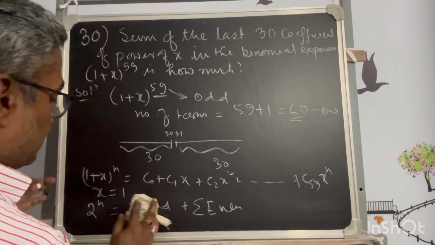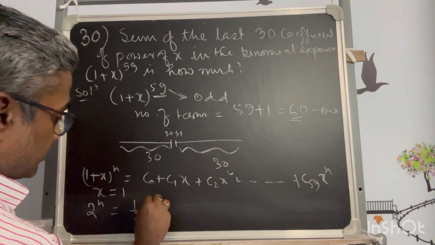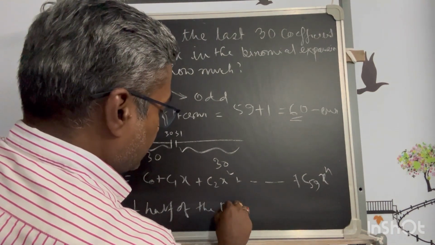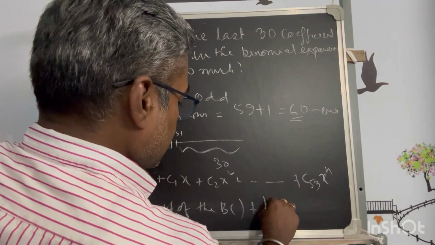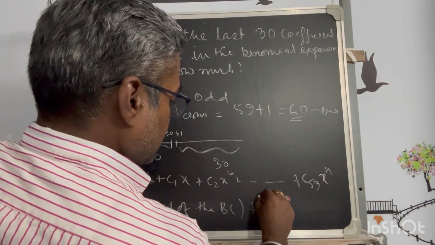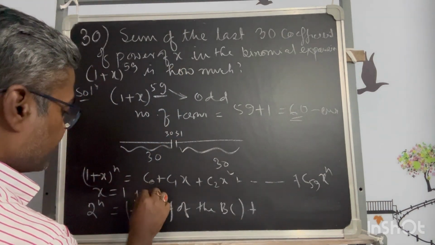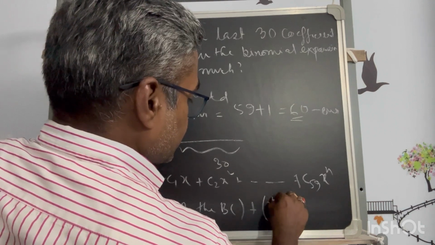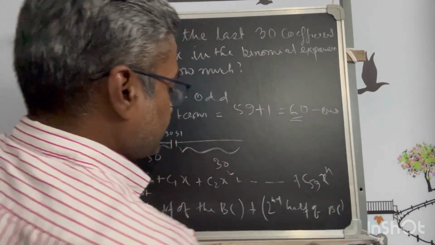The other way of representing this is the first half of the binomial coefficients plus the second half of the binomial coefficients, that we can say also.